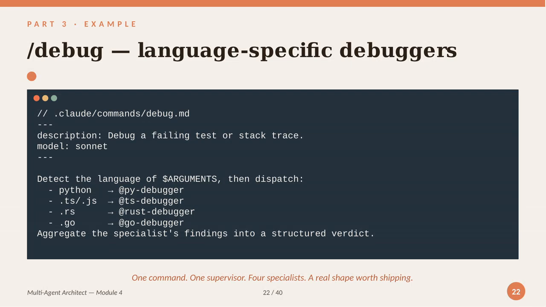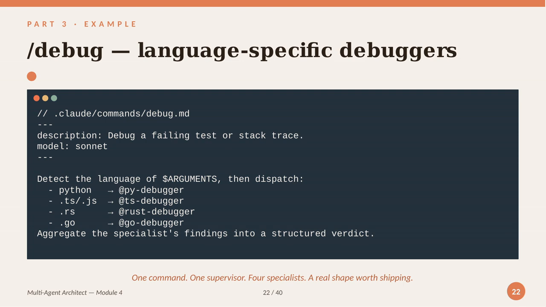Real example. /debug. A supervisor pattern in action. The command body acts as the supervisor. It detects the language of whatever the user passed in: Python, TypeScript, Rust, Go, and dispatches to the matching specialist. Each specialist debugs in its own domain, with its own deep knowledge of that language's failure modes.